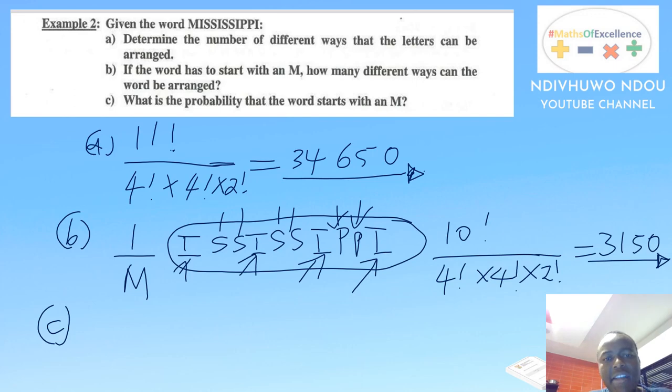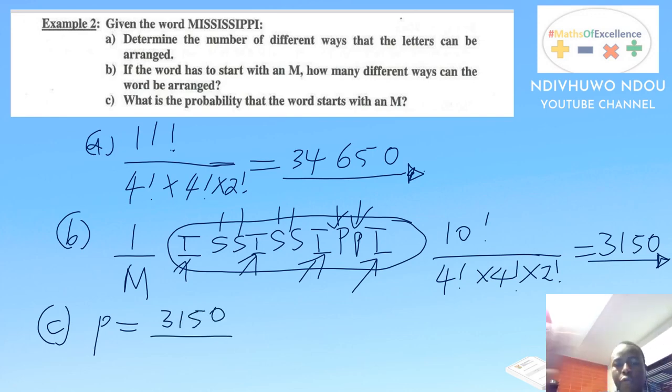What is the probability that the word starts with M, right? We know probability equals the number of favorable outcomes divided by the total number of the sample space. The number of favorable outcomes, the number of arrangements when the letters start with M, we already calculated in B, and it was 3,150.